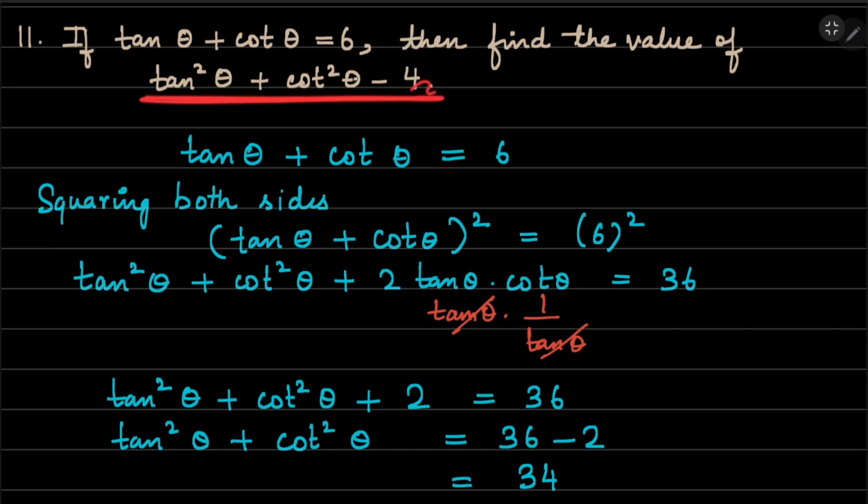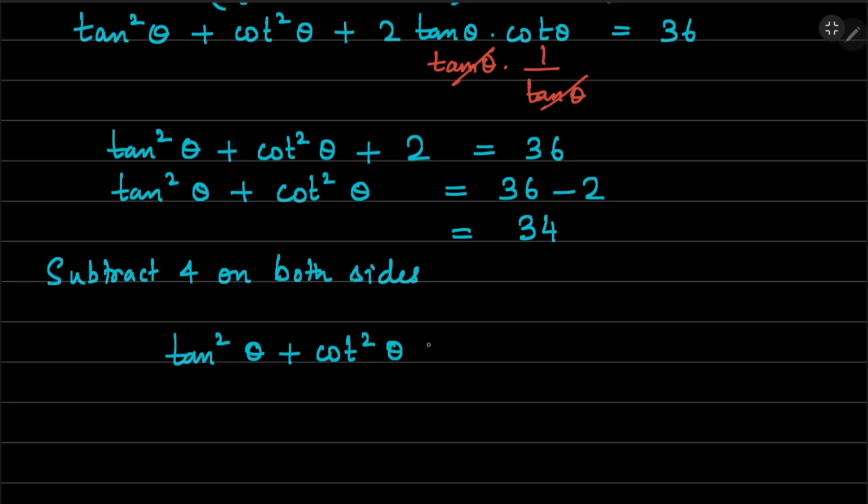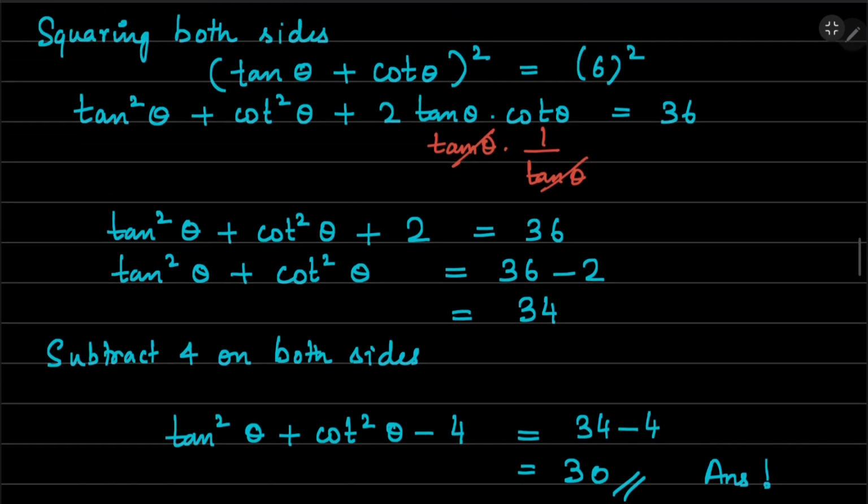So this is the value that we have to find, tan square plus cot square minus 4. So what you can do is subtract 4 on both the sides. Tan square theta plus cot square theta minus 4 is equal to 34 minus 4, which is equal to 30. So this is your final answer. The value that you have to find is 30.